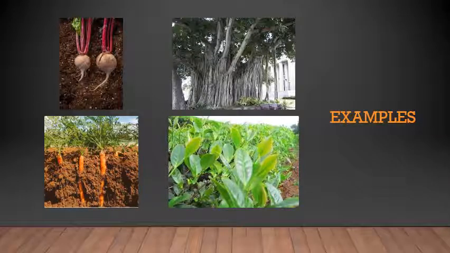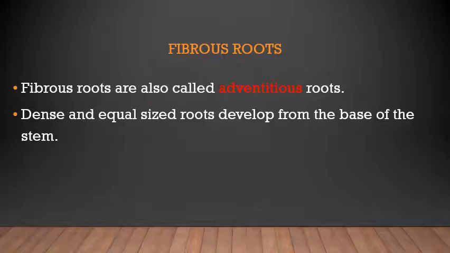Tree plants also have the taproot system. That means they have one main taproot growing. From the taproot, the lateral roots are also growing. So the examples are carrot, beetroot, tea, peepal and beans. Beans also have the taproot.